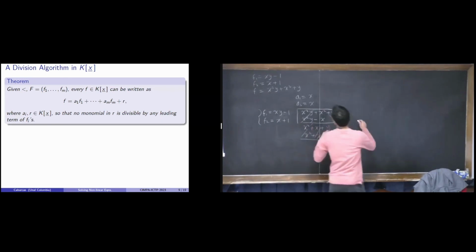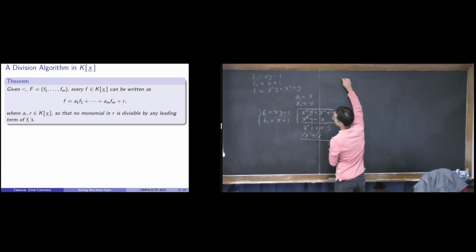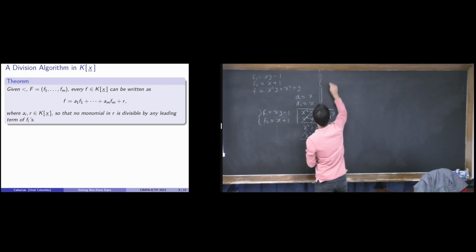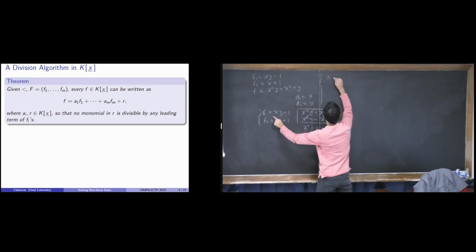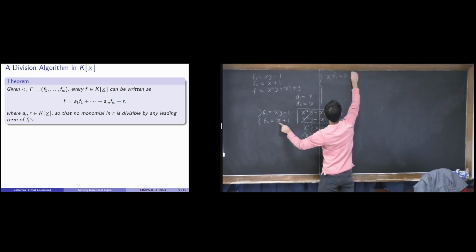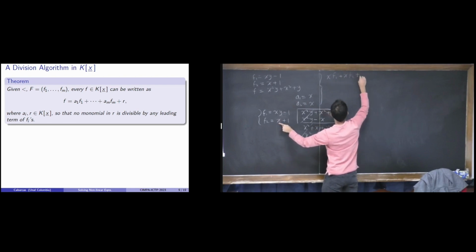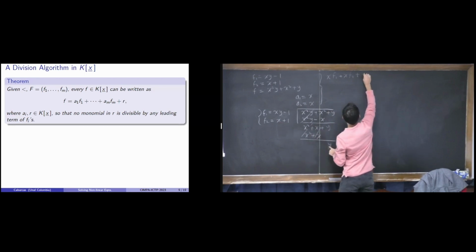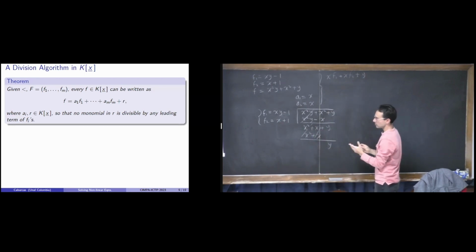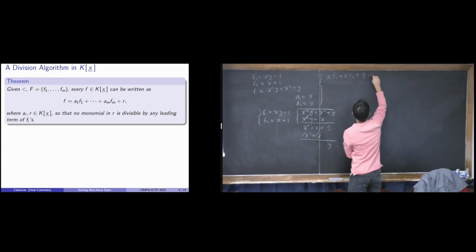What this is telling us is that x times f1 plus x times f2 plus y is the reduction of f.